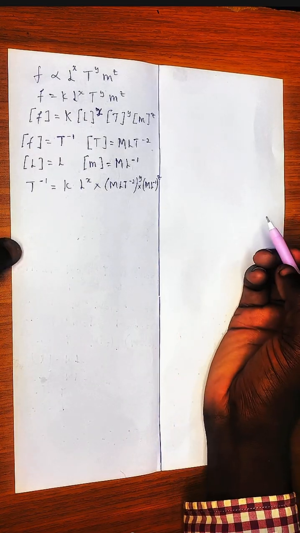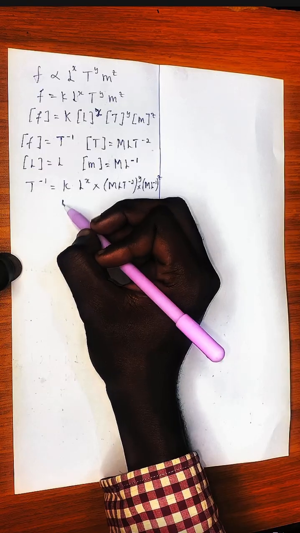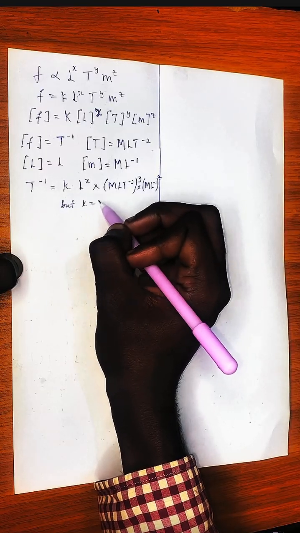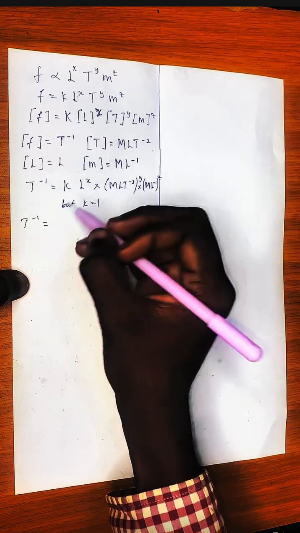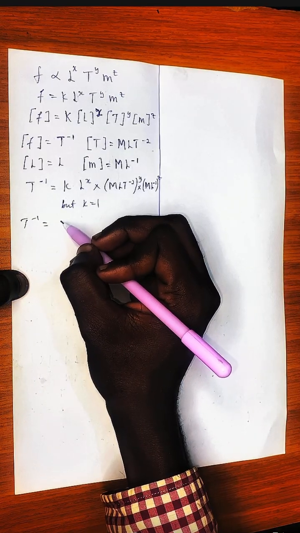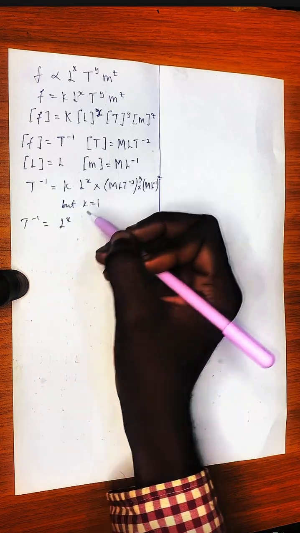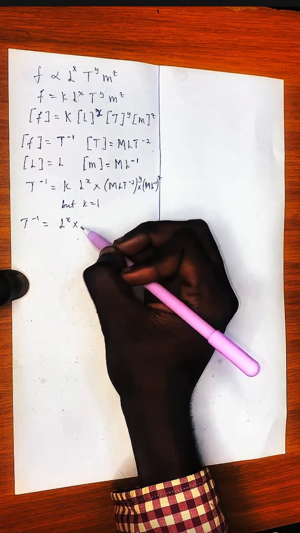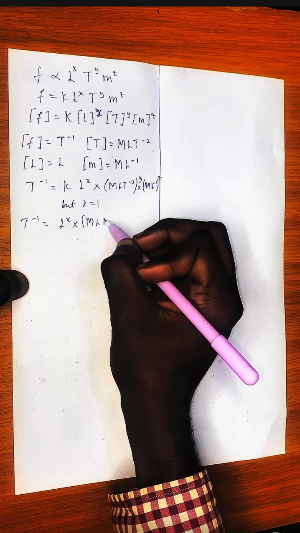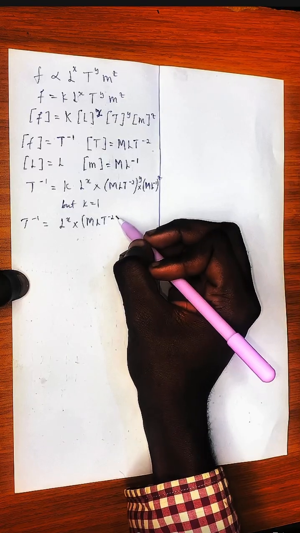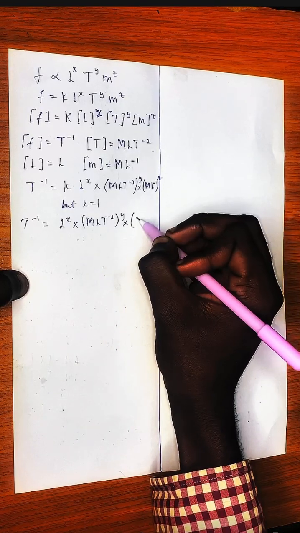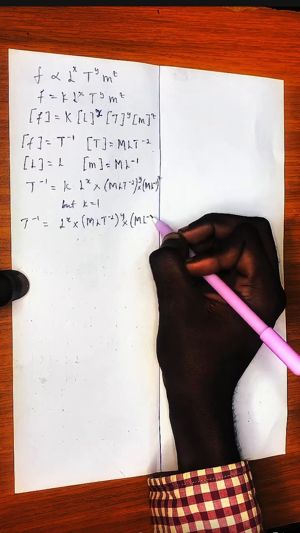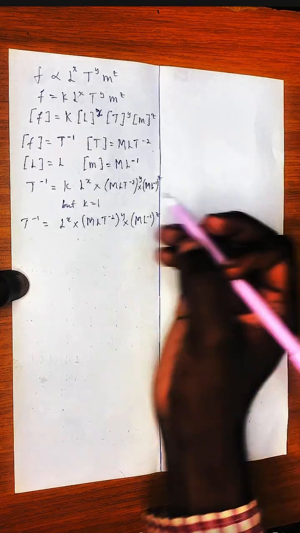Yes, but our k is 1 because it's a constant. So T^-1 is equal to, we're going to have L to the power x times MLT^-2 to the power y times ML^-1 to the power z.